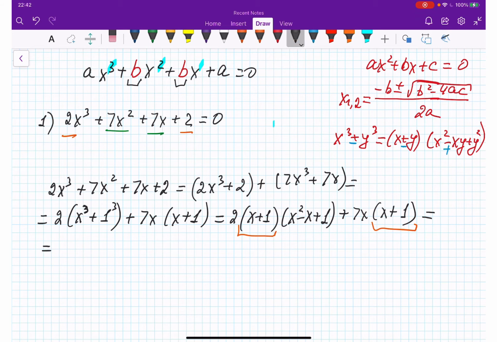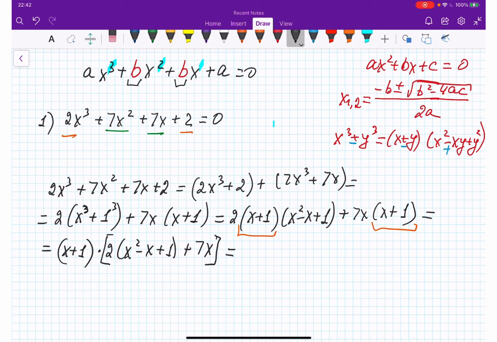So I am taking out x + 1, and the rest is 2(x² − x + 1) + 7x.